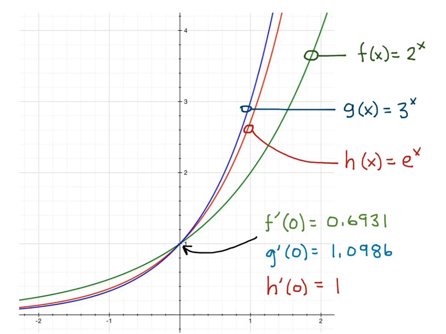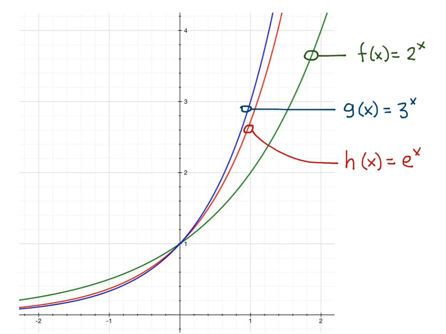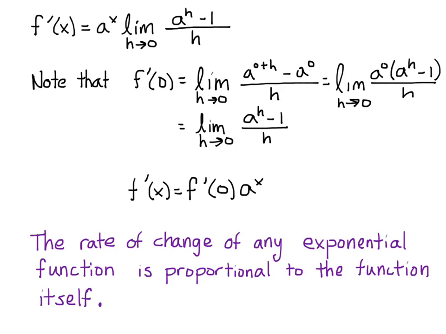But I'm interested in the derivative at that point because what I found before was that if I knew the derivative at 0, then I would have the derivative explicitly, because you take the original function, multiply it by its derivative at 0, and you get the derivative of the function then.